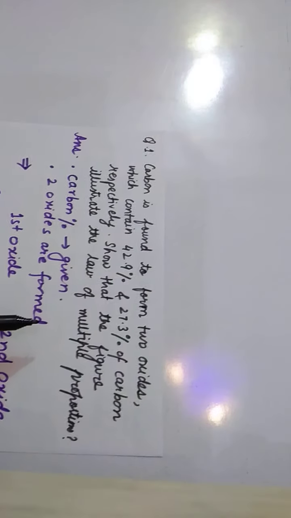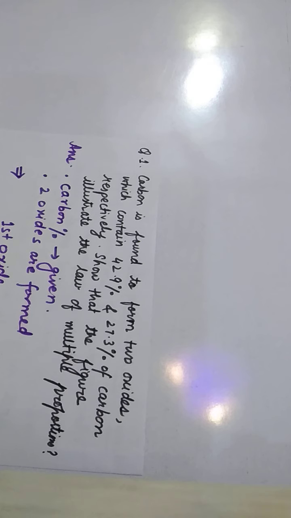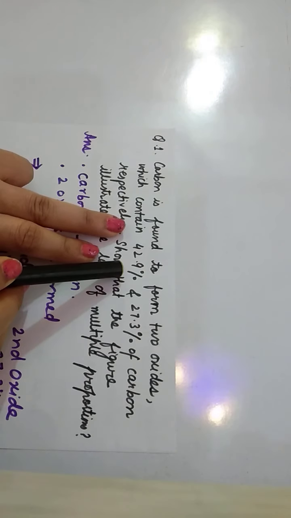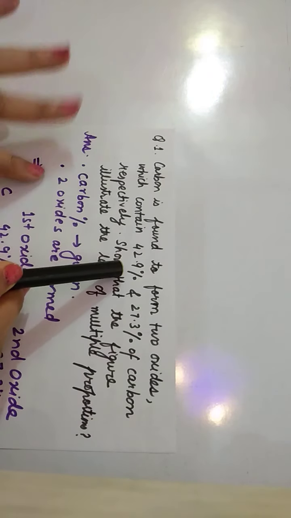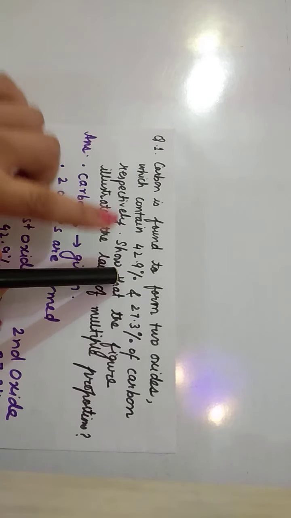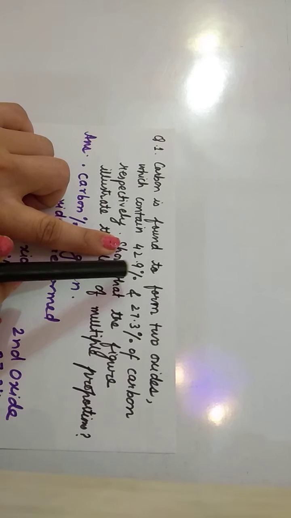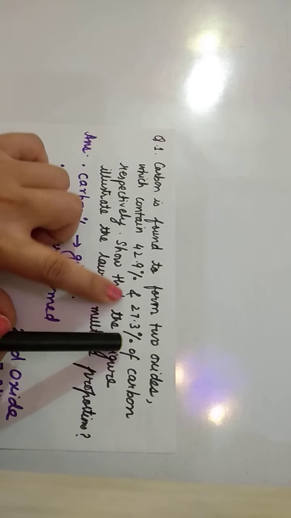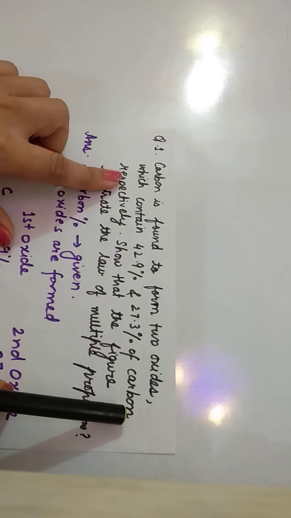Now we'll do one numerical based on this law. Carbon is found to form two oxides, which contain 42.9% and 27.3% of carbon respectively.